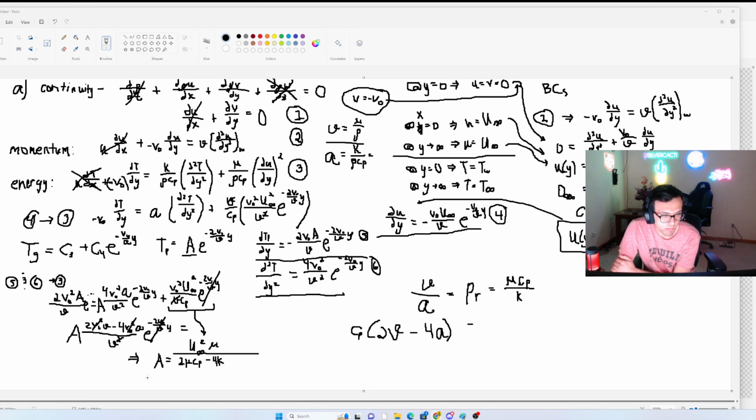This is what we're supposed to get, though. This is the final. It should be just V sub O squared over CP, because you could just cancel out that. So I'm gonna guess it's just U infinity squared times V sub O squared over CP, which is what I have.